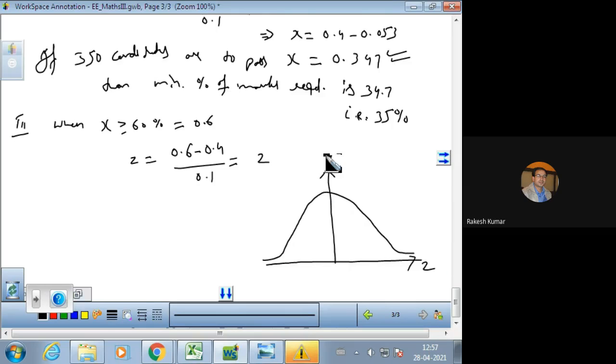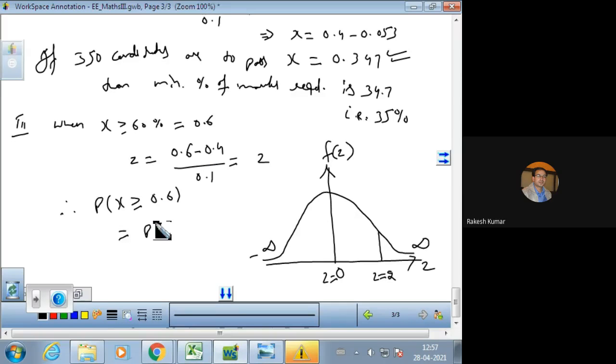This is z, and this is f of z. This is the mean position. This is toward plus infinity, and this is toward negative infinity. So z is equal to 2. So this point is taken as z equal to 2. So x greater than or equal to 60% means z greater than or equal to 2 we require. So we want to find out probability x greater than or equal to 0.6 is equal to probability z greater than or equal to 2, and this is the area we have.